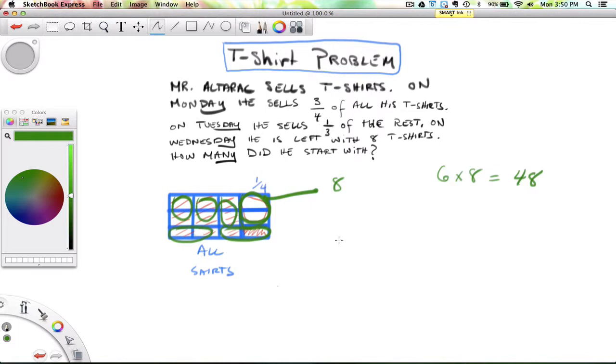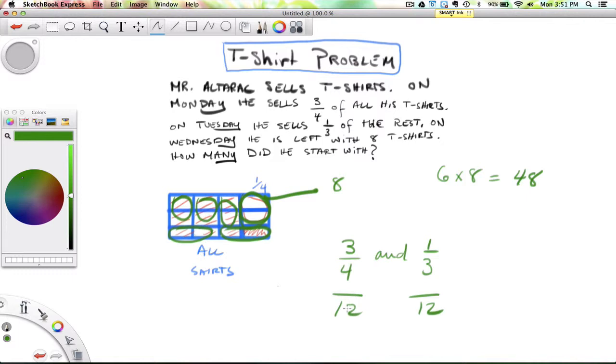So you can see that 3/4 and 1/3, if we got a common denominator, that common denominator would be 12, which means that this whole box of t-shirts, this blue box that we started off with at the beginning, if we chop that up into 12s, then we can begin to understand what fraction of the t-shirts were sold.